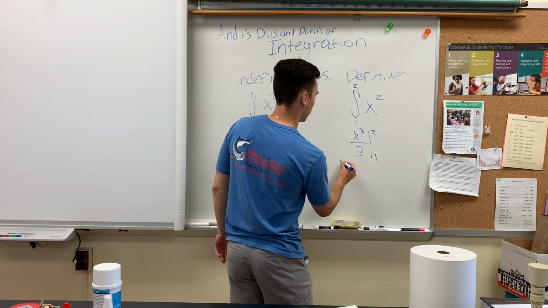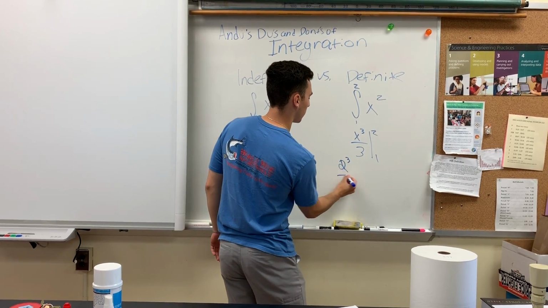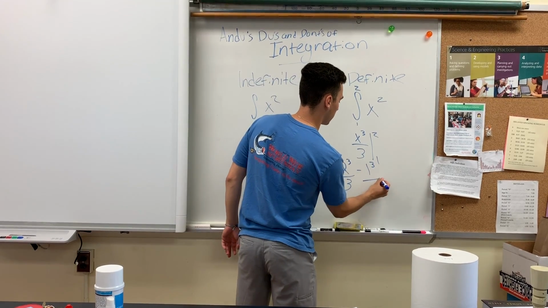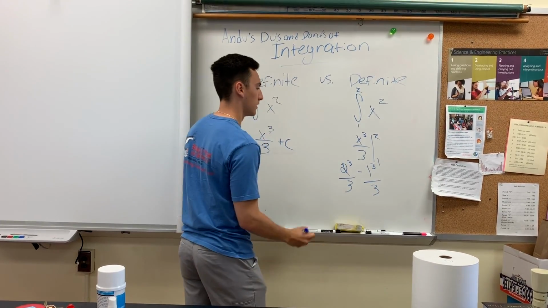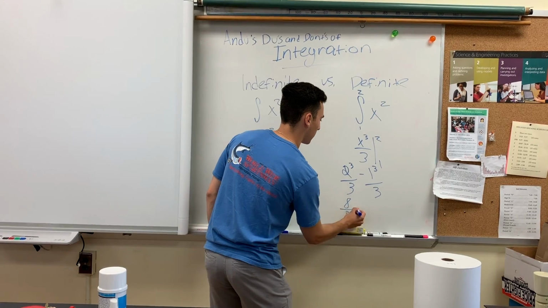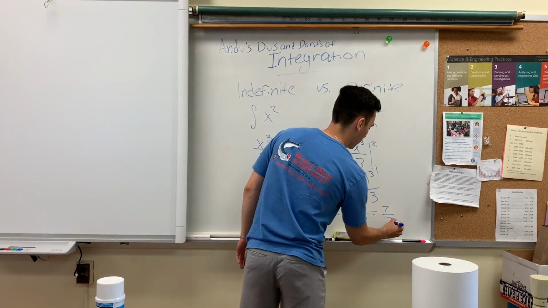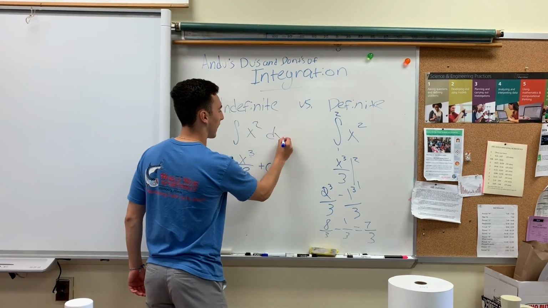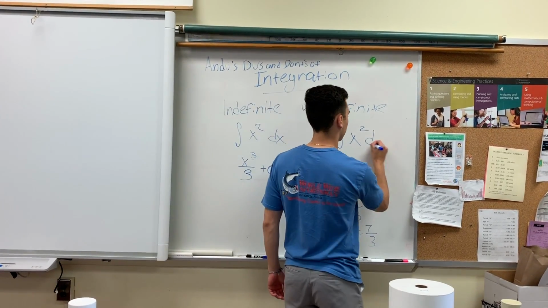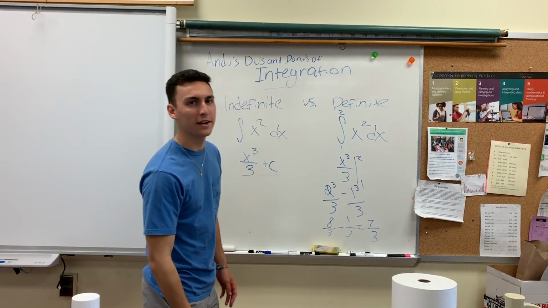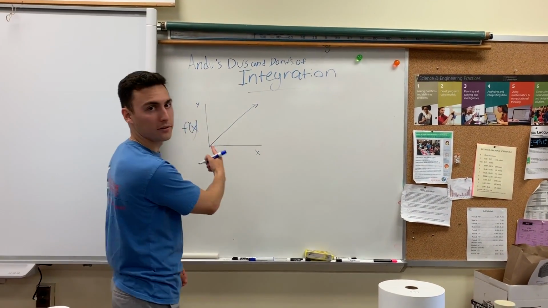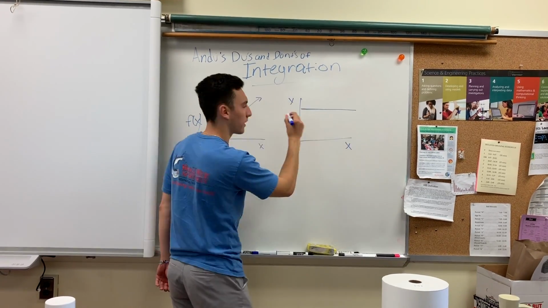So you have 2 cubed equals 1 cubed over 3. So then, one thing I forgot to mention is that there should be a dx in each of these, which goes away when you take the integral.